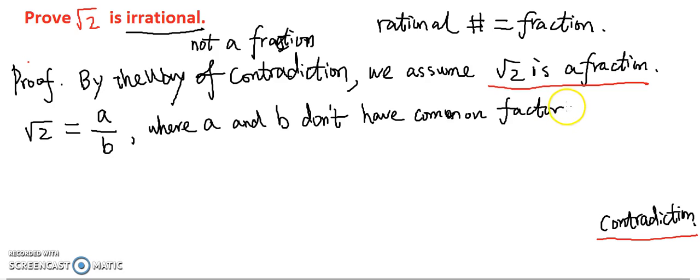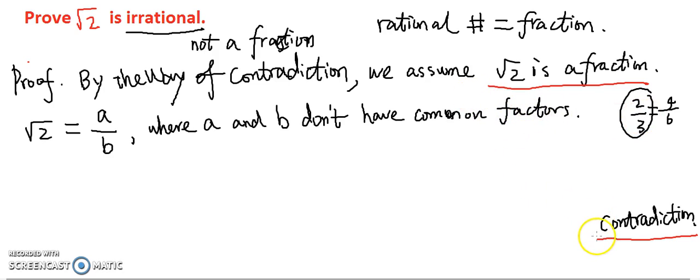Here we just talk about a factor: they don't have any factor in common. For example, if you have 4 over 6 and they both have a common factor 2, we can reduce it to 2 over 3. So we always assume that this fraction is in simplified format, where the top and bottom do not have anything in common.